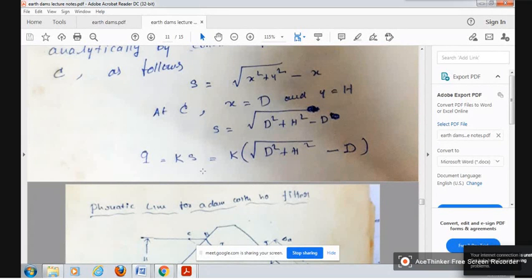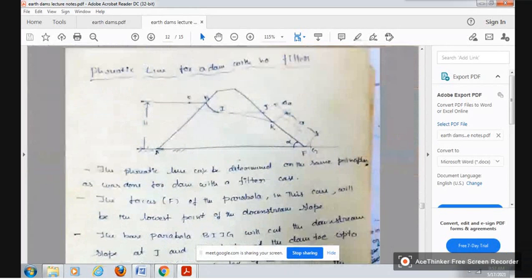This is the procedure for how to draw a phreatic line. Another case is when there is no horizontal filter. When there is no horizontal filter, the procedure is the same, but the toe is the focus.